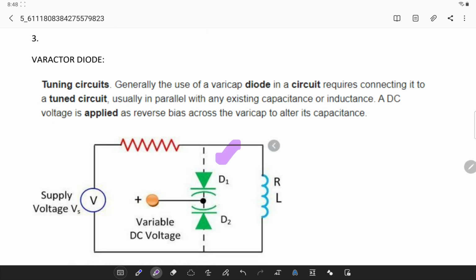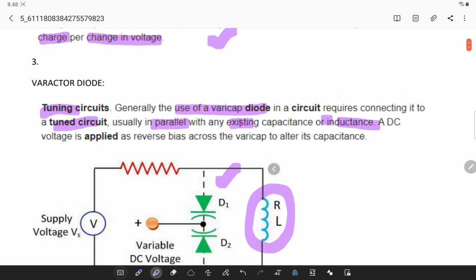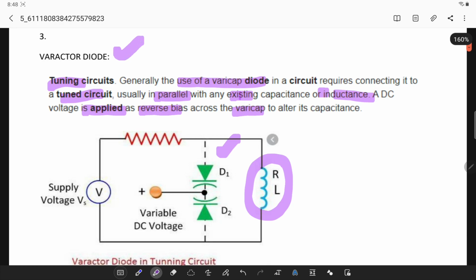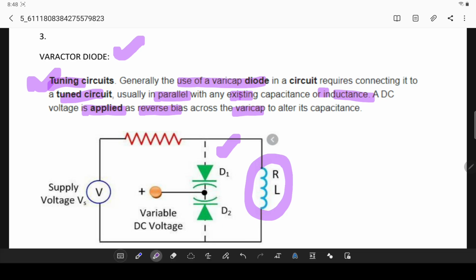Tuning circuits generally use a varicap diode, and it is always kept in parallel with the existing capacitance or inductance, and a DC voltage is applied in reverse bias across the varicap. So the varactor diode is mainly used in tuning circuits.